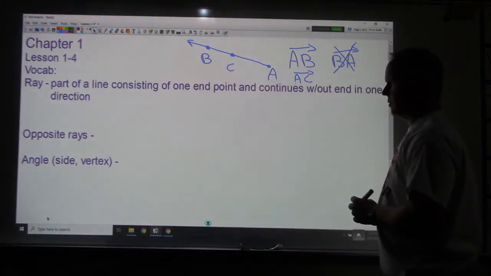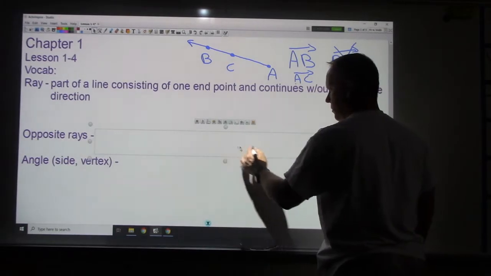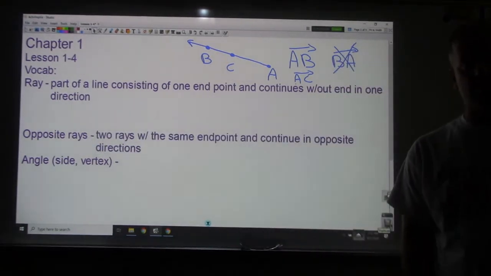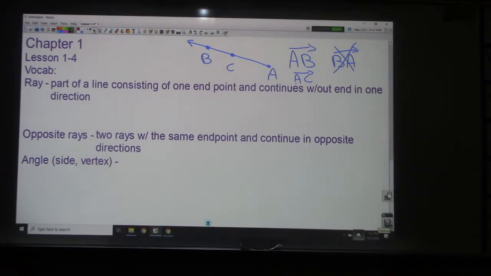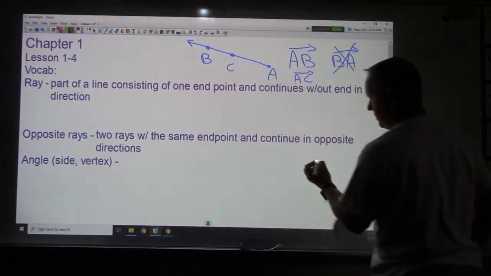Opposite rays do exactly what the name entails. They are two rays with the same endpoint, but they continue in opposite directions, hence their name, opposite rays. Now I'm going to draw another real quick, crude sketch here.